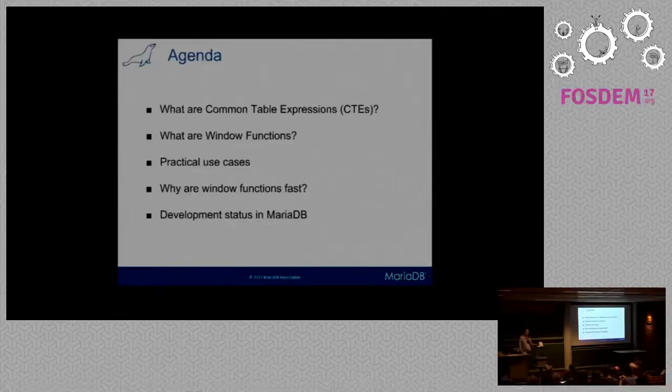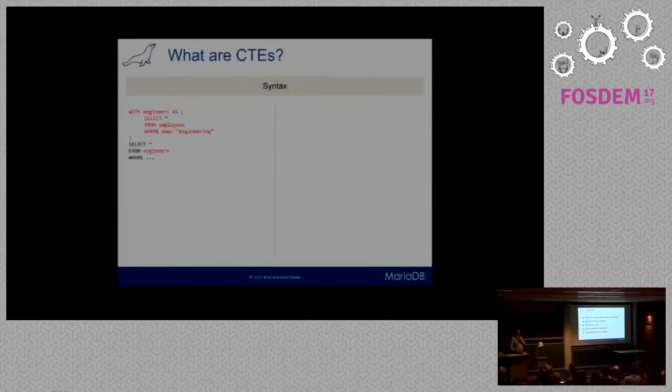So we're going to go through both of them, give you some examples, show you why things work a lot faster with common table expressions and window functions. And I'm also going to give you a short detail on what we support.